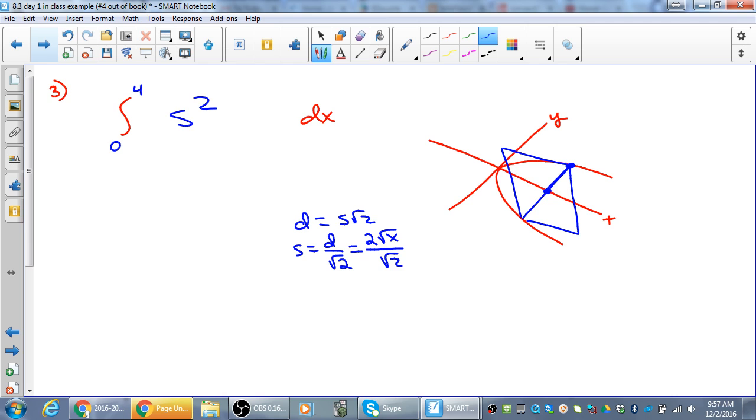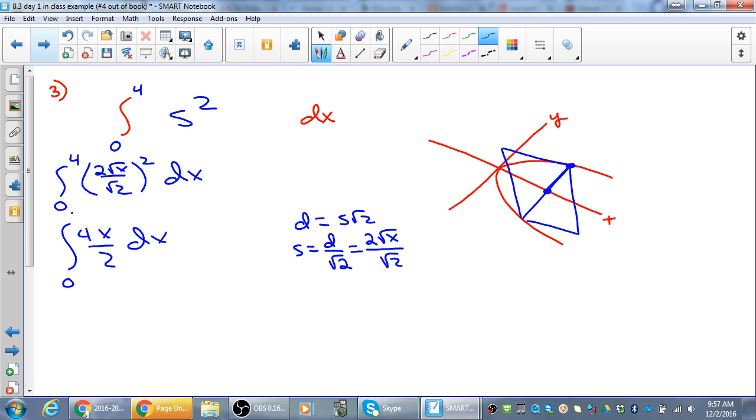There's the length of a side. Now we can go back to the integral. It goes 0 to 4, 2 square root of x over square root of 2, and we're squaring that. So what we're taking the integral of is 4x over 2 dx, and the integral becomes pretty simple, because now we're integrating from 0 to 4 of just 2x dx.